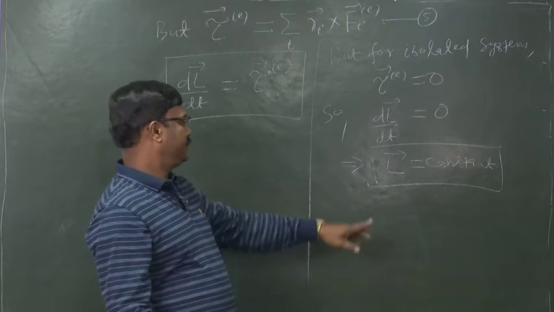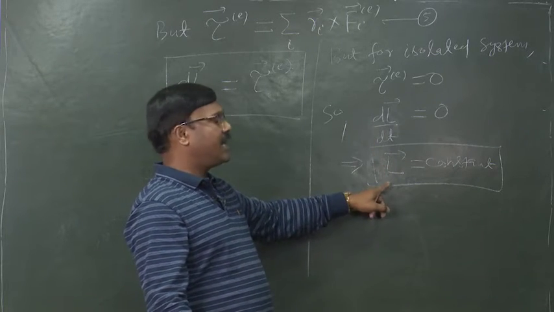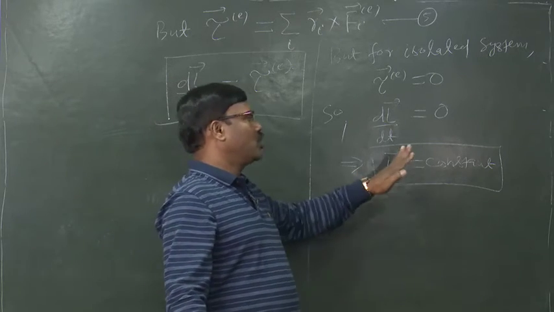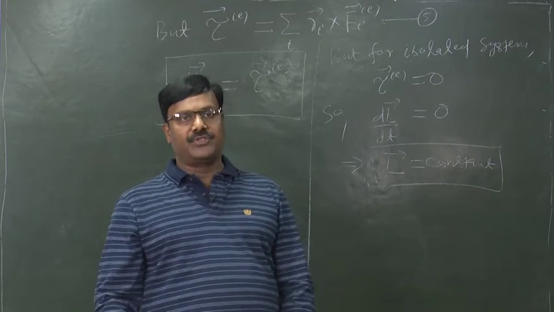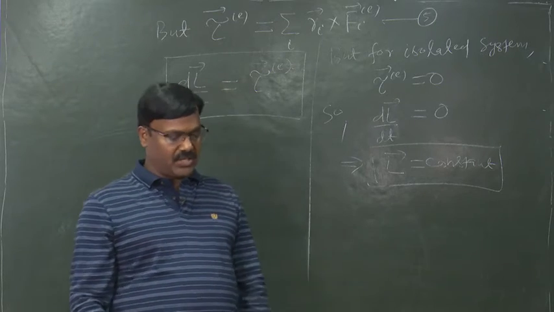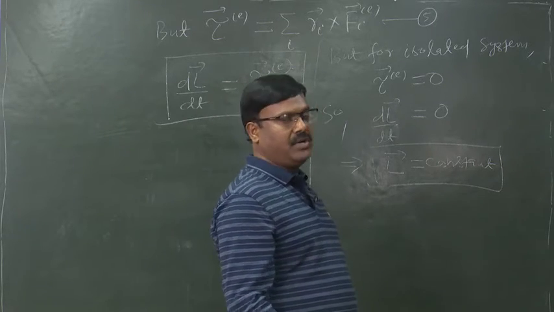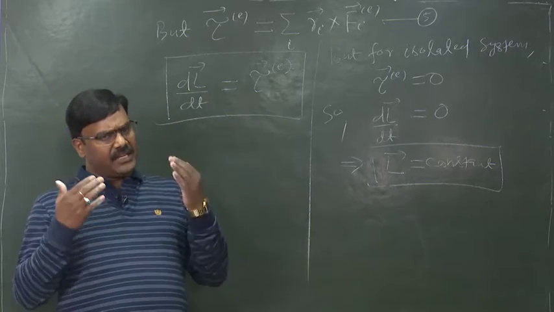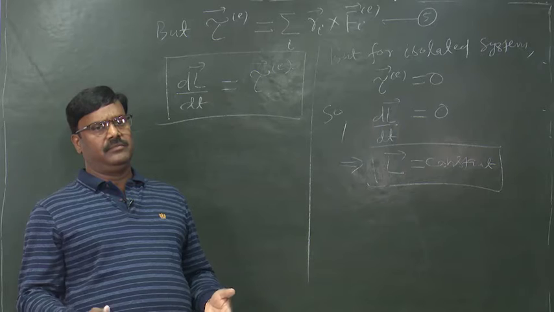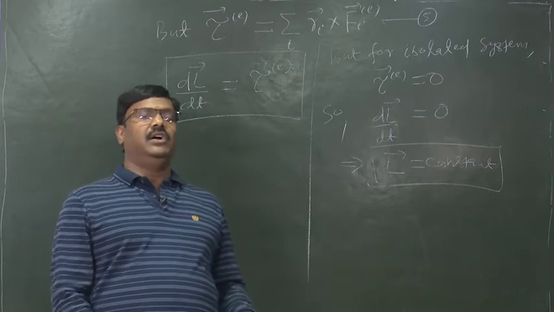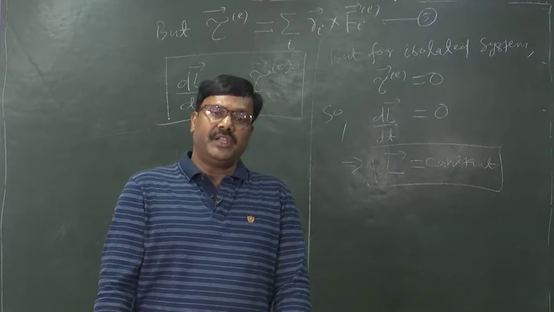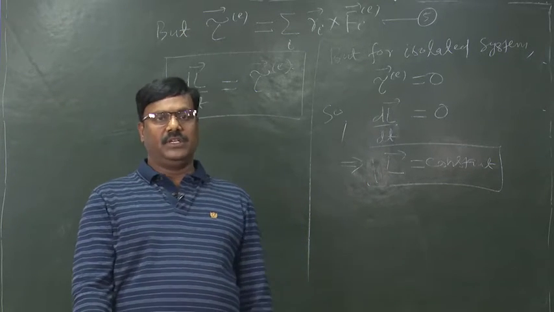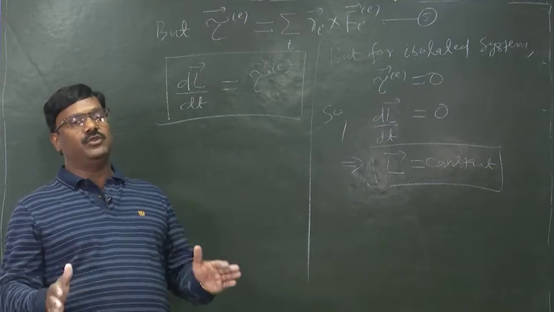That means the total angular momentum of a system of particles is conserved, and this proves the law of conservation of angular momentum of a system of particles. And this is the same for a single particle also. That means, for a particle the total angular momentum is conserved if the particle is isolated.